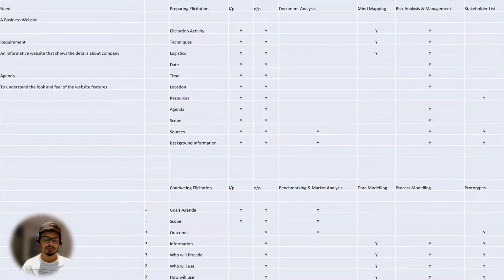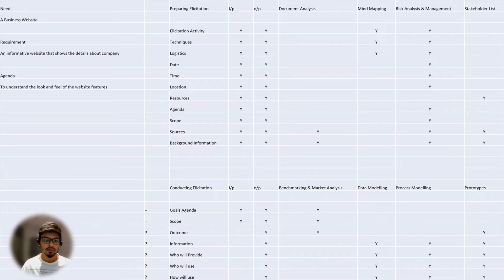Coming to resources, such as the information, what kind of things I would need while conducting the elicitation activities. So I need website links. I need some of the features within the websites, different websites, how they look, and I want to understand also different kinds of features from the current domain, from a business domain.